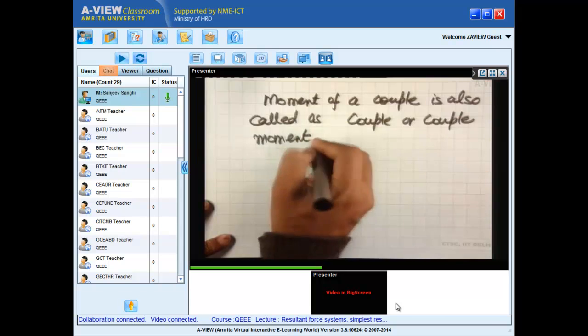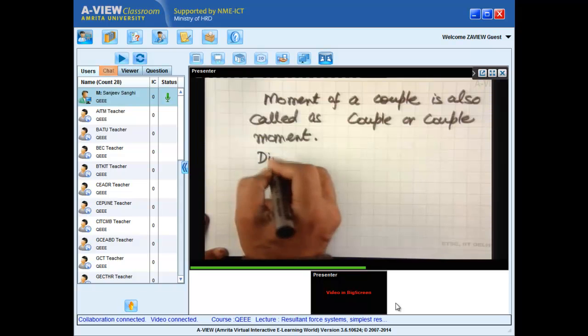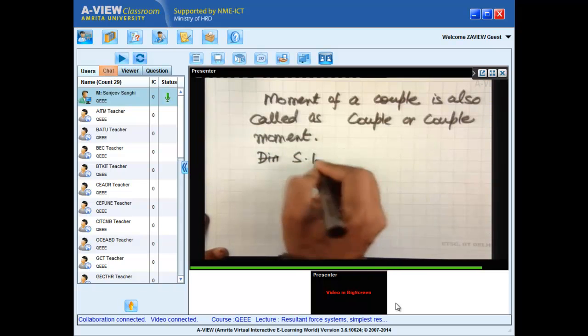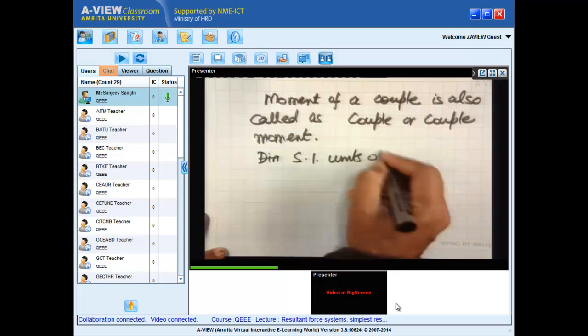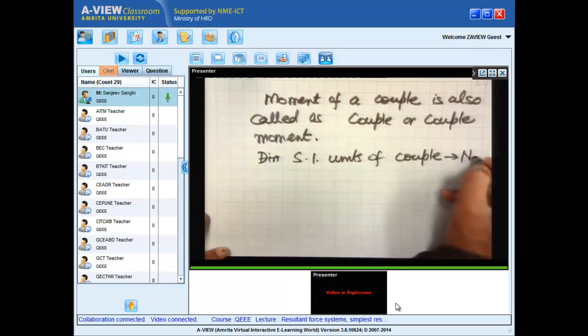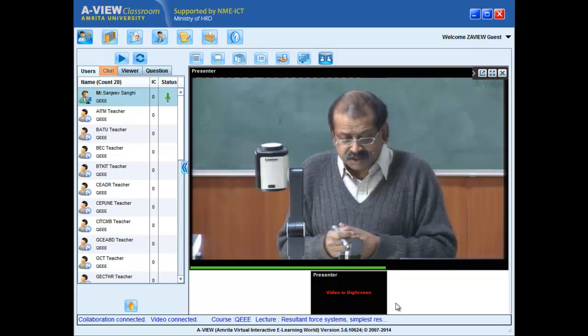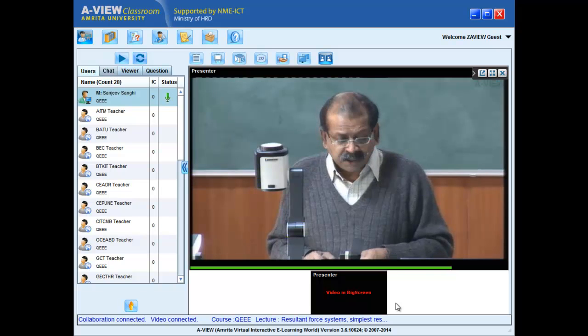These are different terms used in the same sense as the moment of a couple. Now what are the dimensions or units of a couple? They will be the same as those of moments, so force multiplied by distance. SI units will be Newton meter.